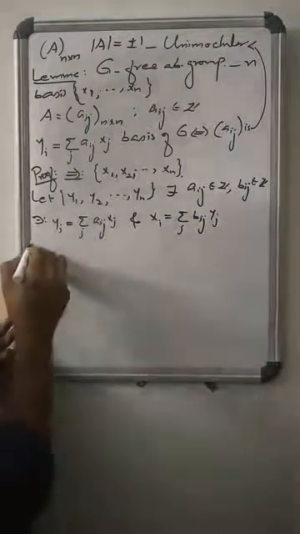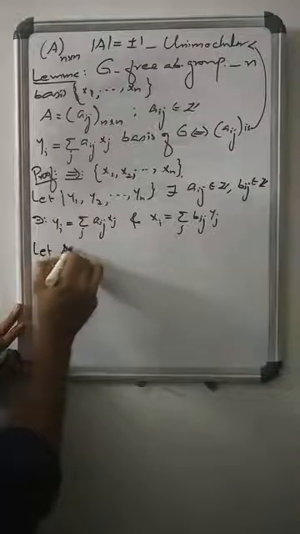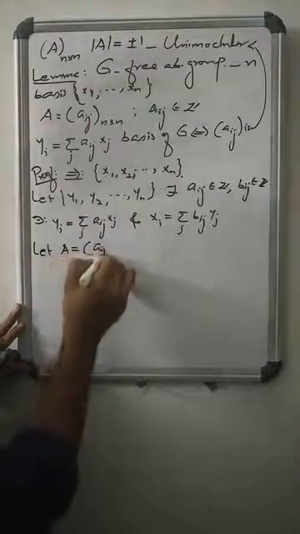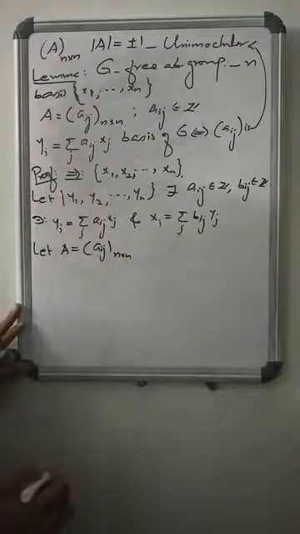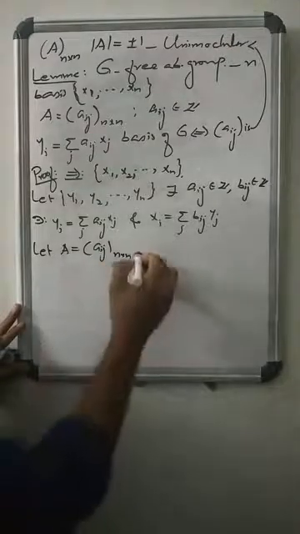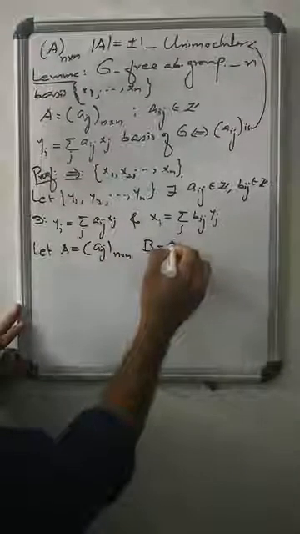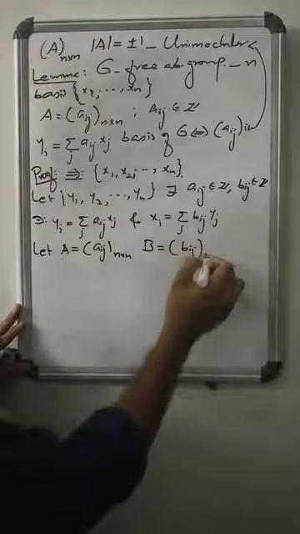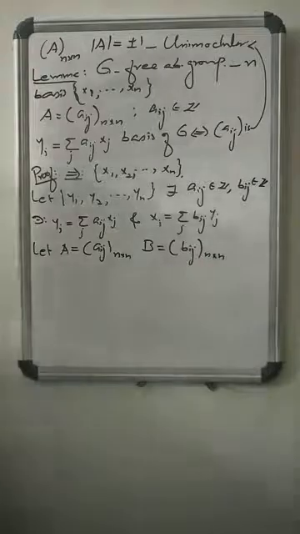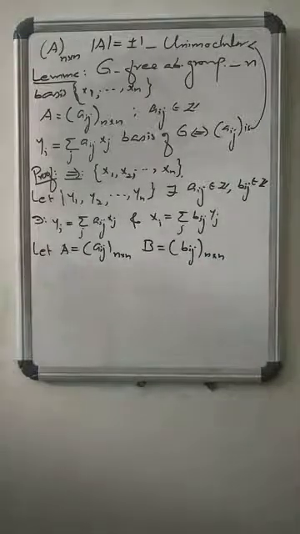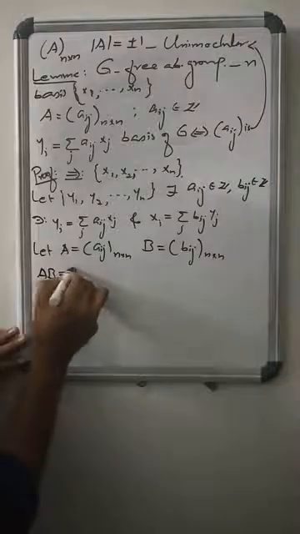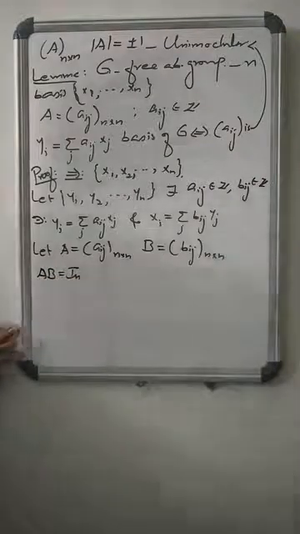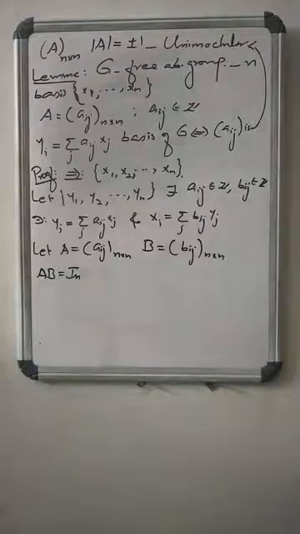So we can construct a matrix A equal to (aij), an n-square matrix with integer entries, and B equal to (bij), also an n-square matrix with integer entries, in such a way that AB equals I.